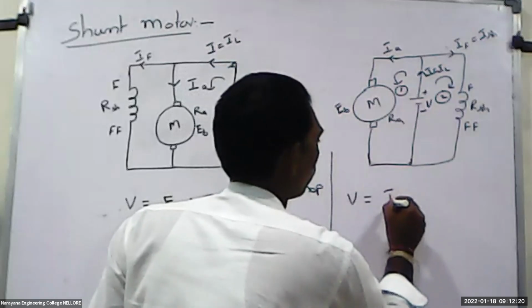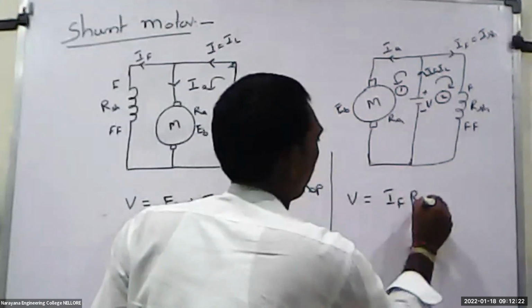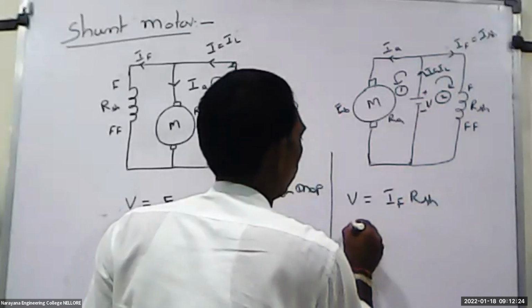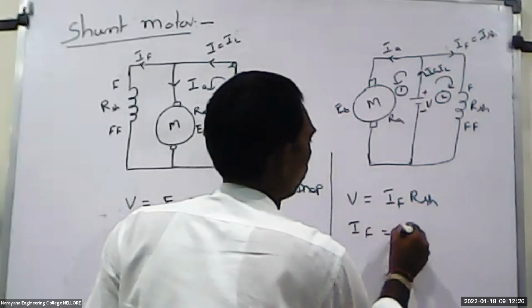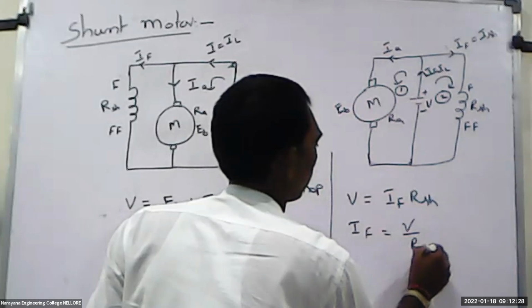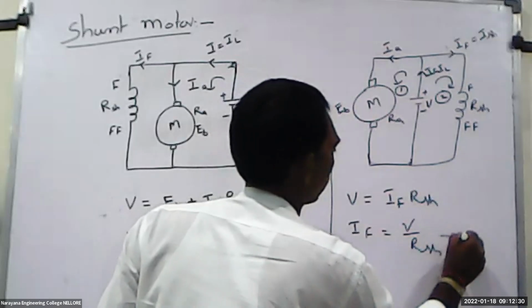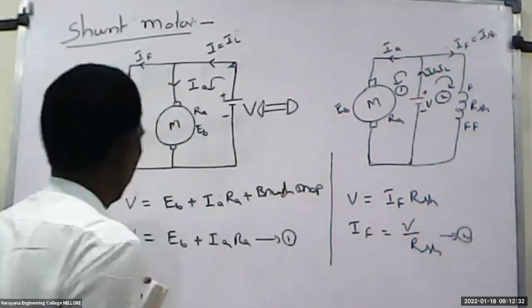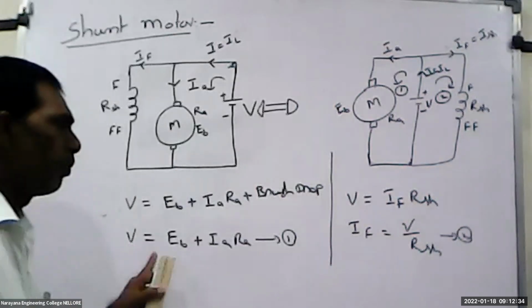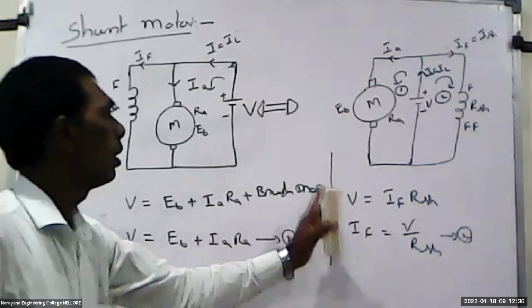So V is equal to IF into RSH, so IF is equal to V by RSH. That is equation number 2.